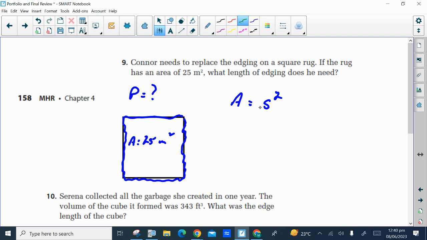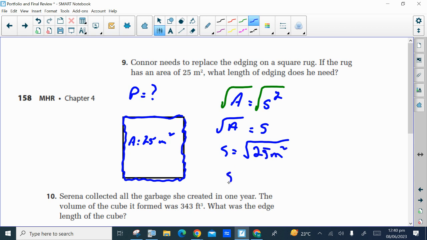So if you take the square root of both sides, on the right, the square root of s squared is just s, and on the left, s, the length of each side of the square, will equal the square root of the area, which in this case is 25 meters squared.